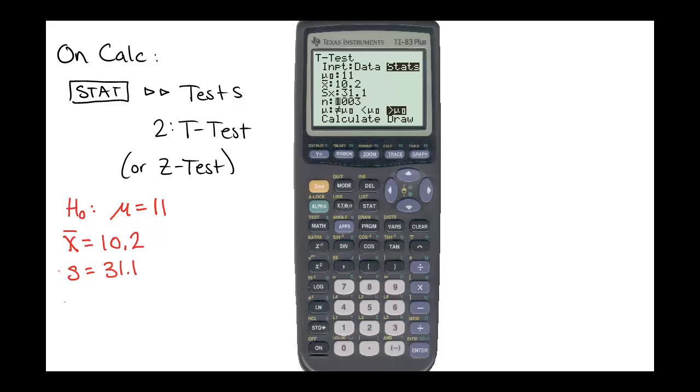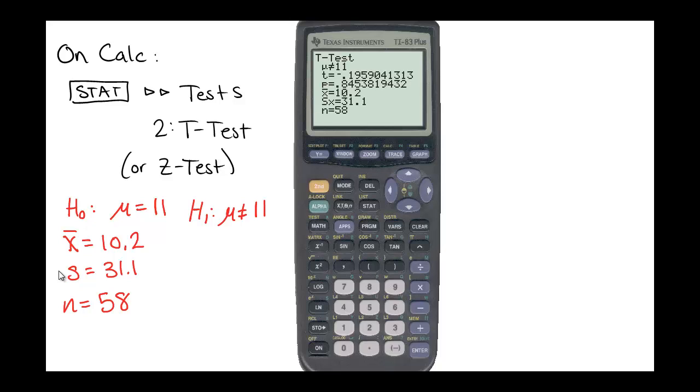The n value, the number of things in the sample, was 58, so we could put in 58 here. Our alternative hypothesis for this two-tailed test was mu not equal to 11, so that's this first option here. And then we calculate. So again, we have mu not equal to 11 as our alternative hypothesis.